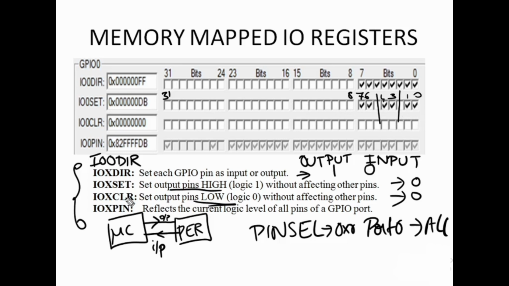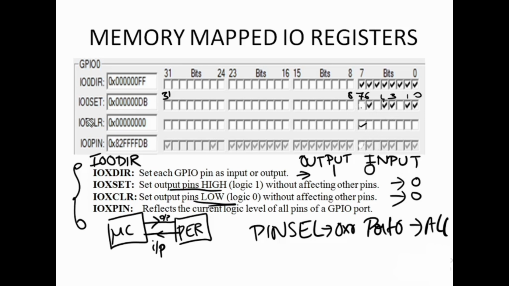Similarly, if I consider IOxCLR and I am writing all zeros here, nothing gets affected. But if I change this and write something like 1 here, immediately the IOxSET register content also gets modified, and at the same time the output will also change.